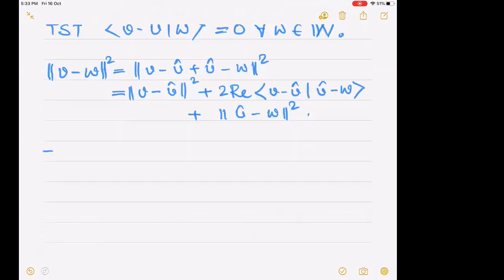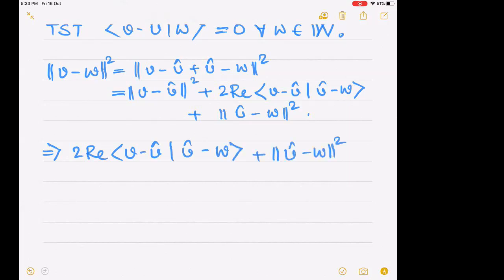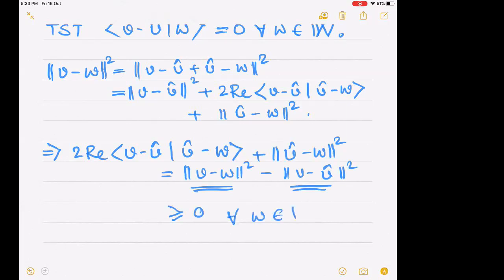This implies 2 times the real part of ⟨V − V̂, V̂ − W⟩ plus ‖V̂ − W‖² is equal to ‖V − W‖² minus ‖V − V̂‖². But this is a best approximation we have assumed. So this quantity is bigger than or equal to this quantity, which would mean that this difference is bigger than or equal to 0. And this is true for all W in W.